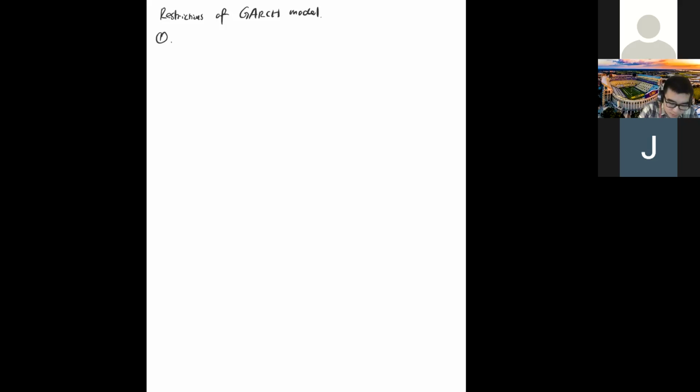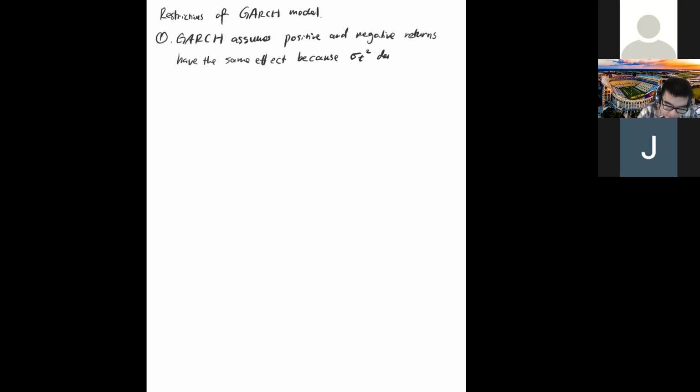The GARCH model assumes positive and negative returns have the same effect, because sigma_t squared depends on r_{t-1} squared.